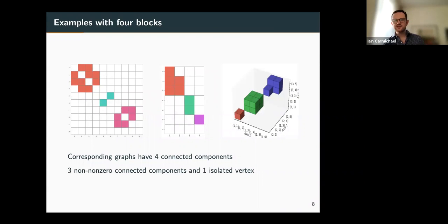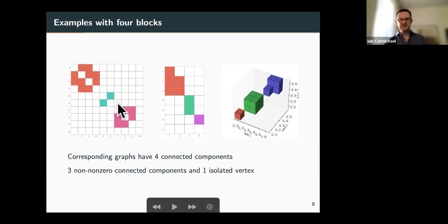So the three graphs I've shown you, the two matrices and an array, all have 4 blocks, or they have corresponding graphs that have 4 connected components. And I've only told you what the graph is for the symmetric one, and we're just going to focus on the symmetric setting.